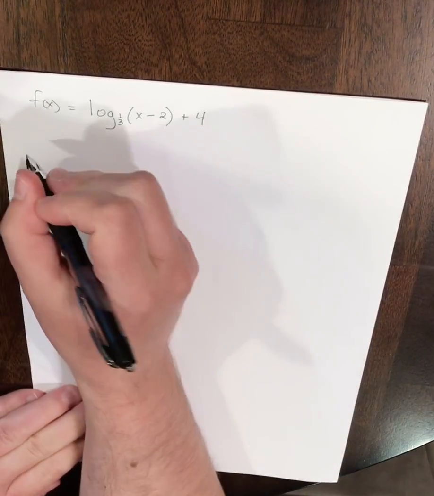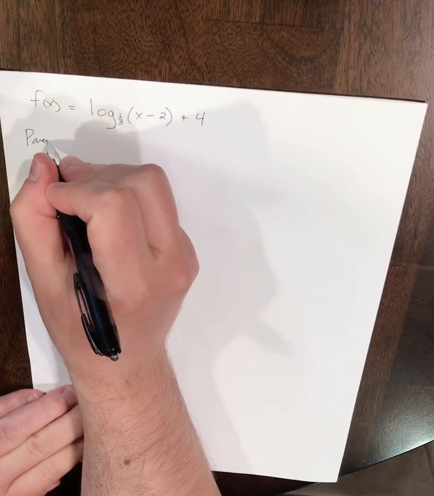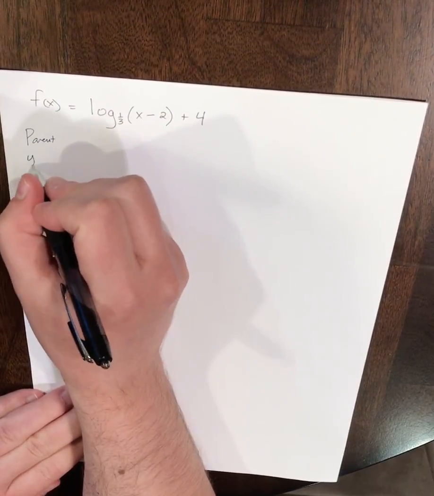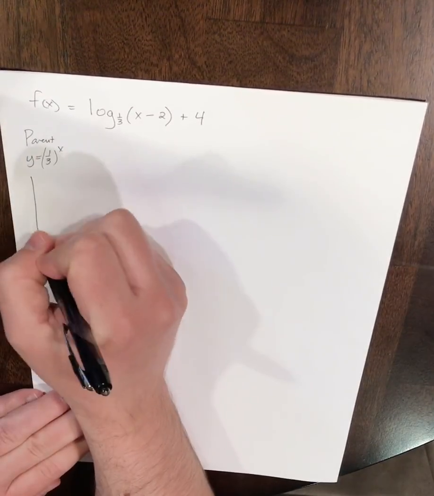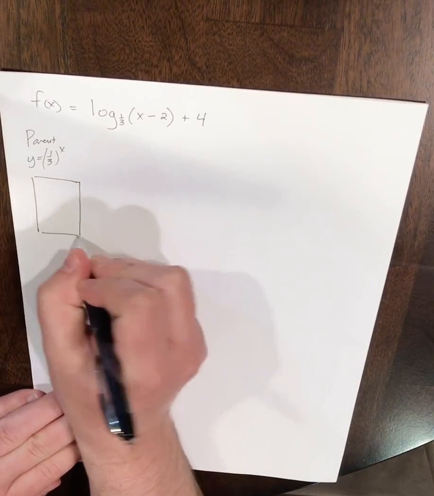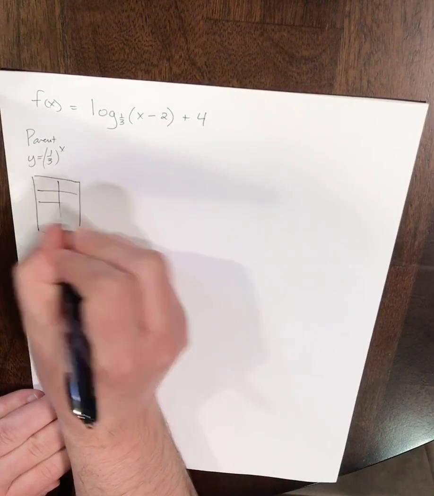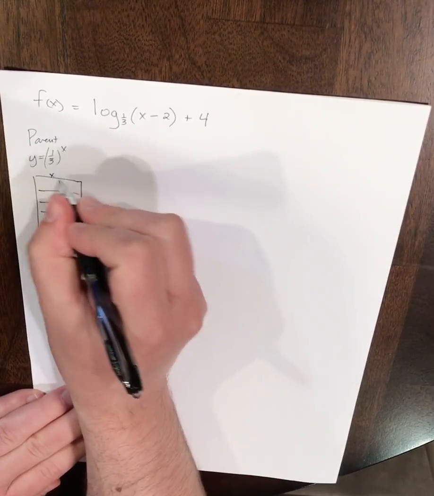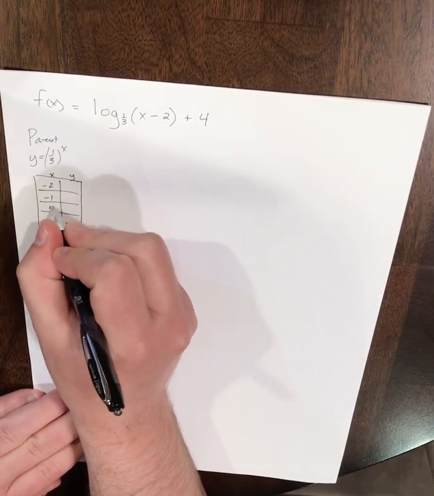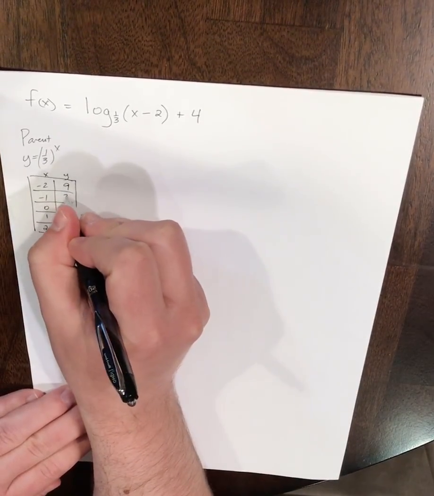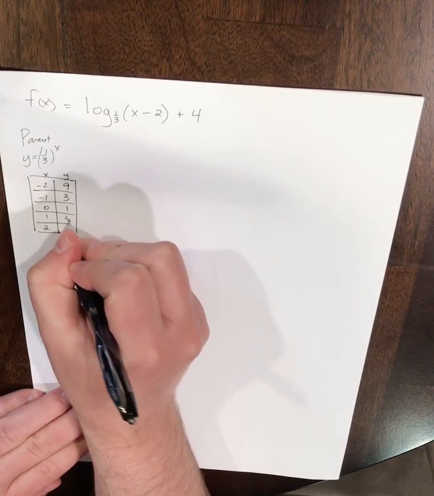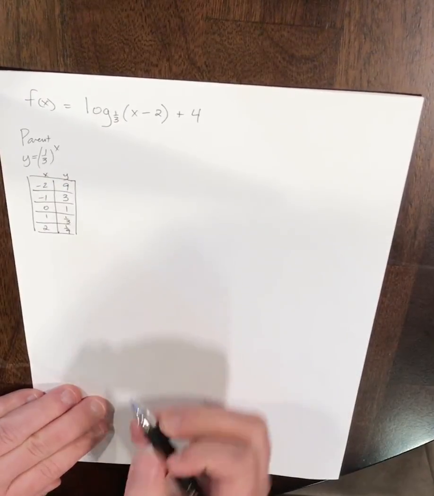All right, so the parent exponential, y equals 1/3 to the x. I make a table. Negative 2 through positive 2 gets substituted in. I get back 9, 3, 1, 1/3, 1/9.